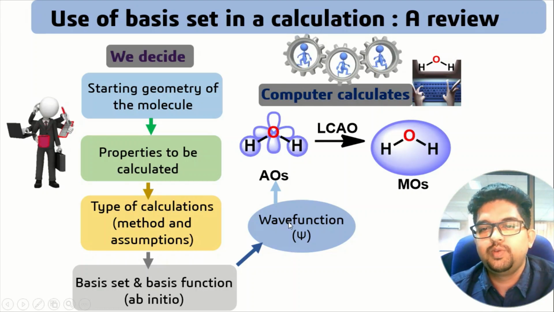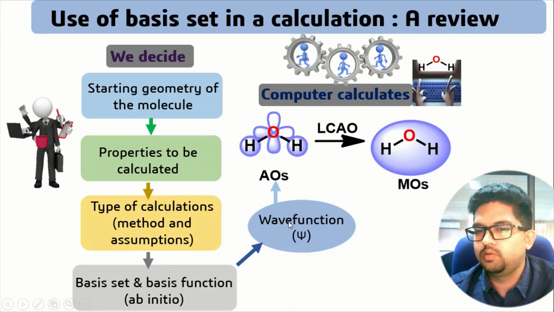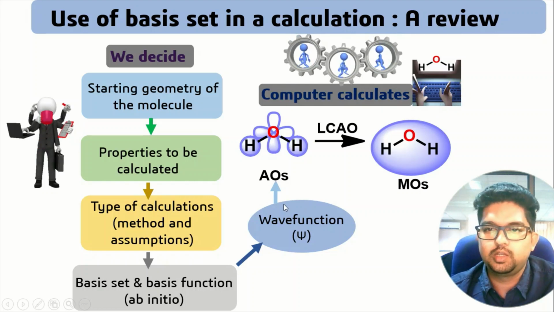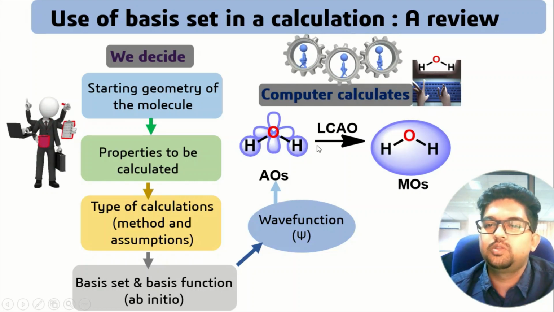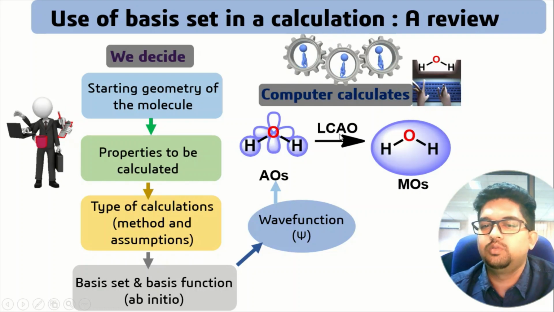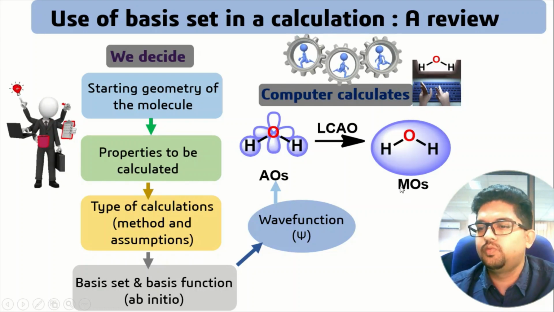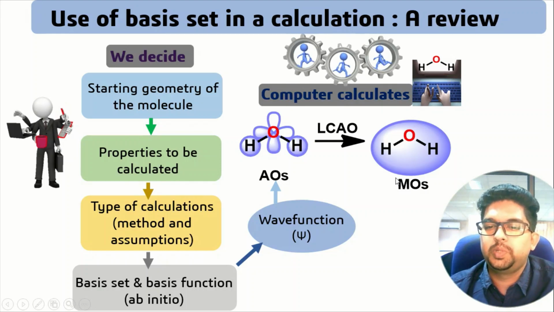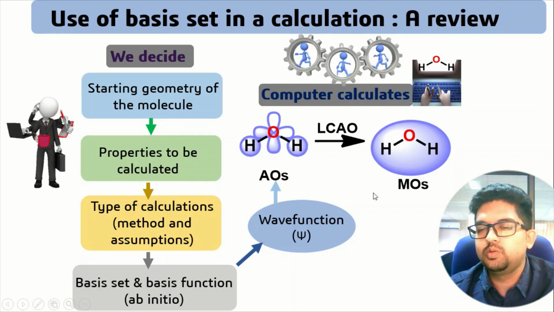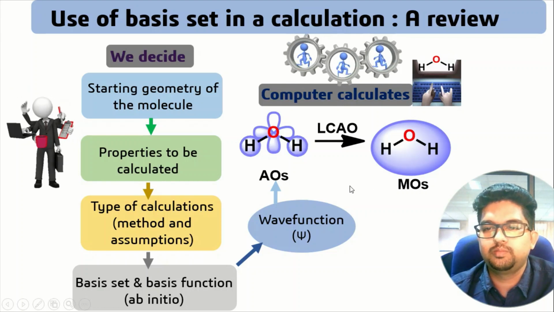The wave function is made of atomic orbitals, and a linear combination of those atomic orbitals gives us the molecular orbitals. That's what we use for explaining the properties of molecules.